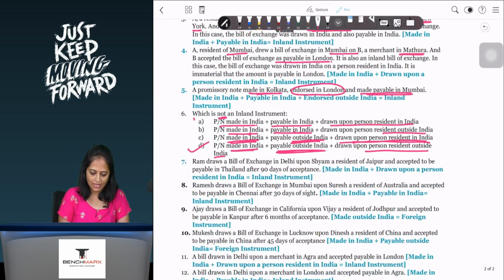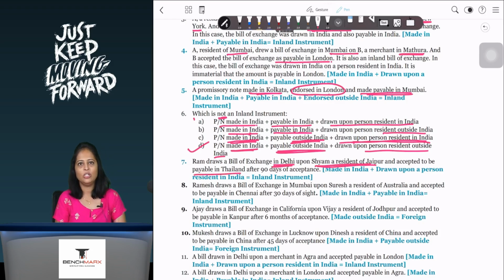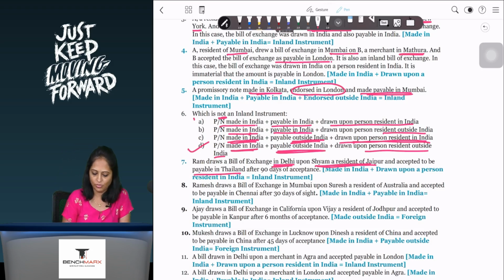Then next, this is a November 20 exam question that was asked in CA paper. Ram draws a bill of exchange in Delhi upon Shyam, a resident of Jaipur, and accepted to be payable in Thailand. So, made in India upon a person resident in India. Both the conditions are satisfied, so it will become an inland instrument.